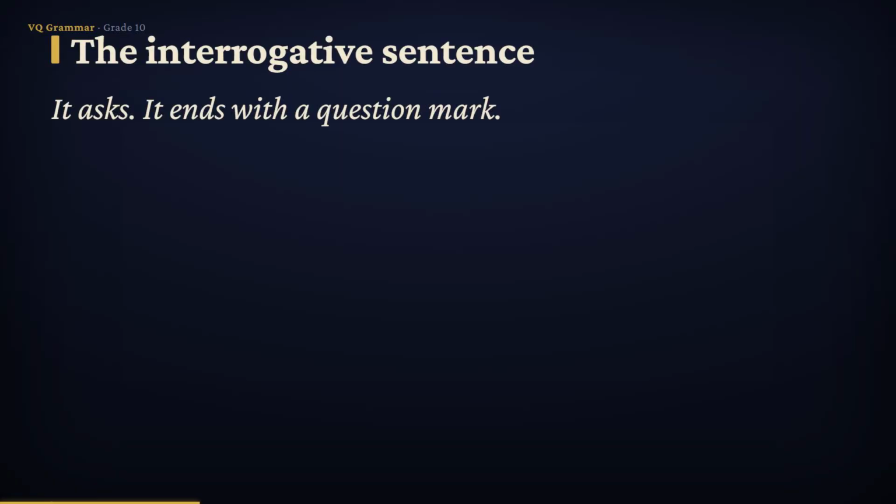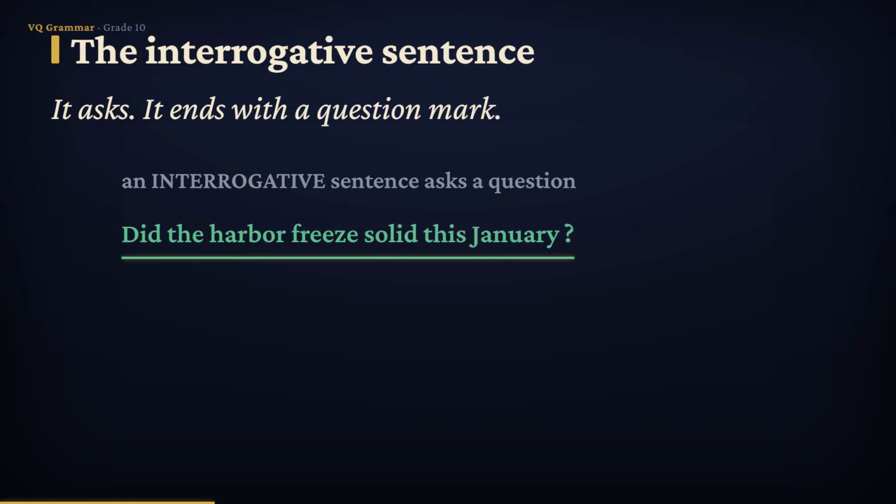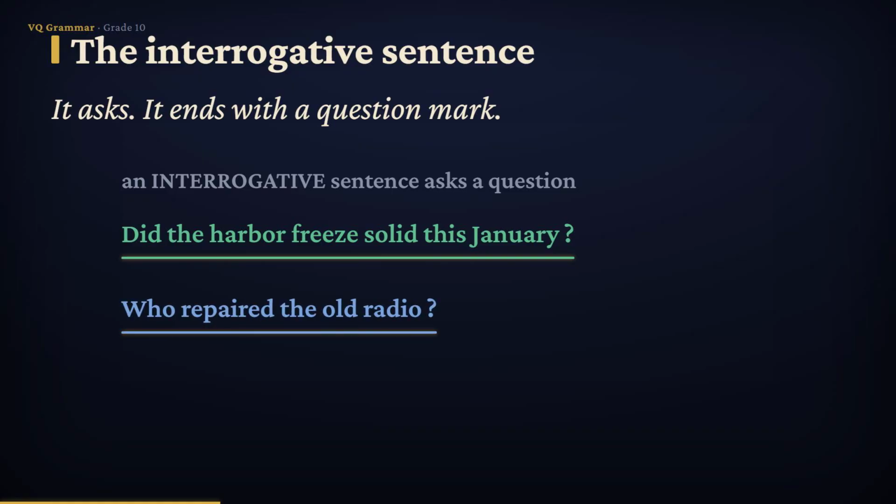Now flip the direction of the sentence. An interrogative sentence asks a question. Instead of handing information over, it reaches out and requests some. Did the harbor freeze solid this January? Who repaired the old radio? Notice how each of those leans toward you and then waits. The sentence is not finished doing its work until an answer comes back.